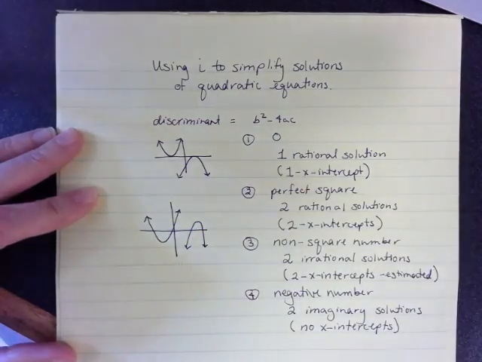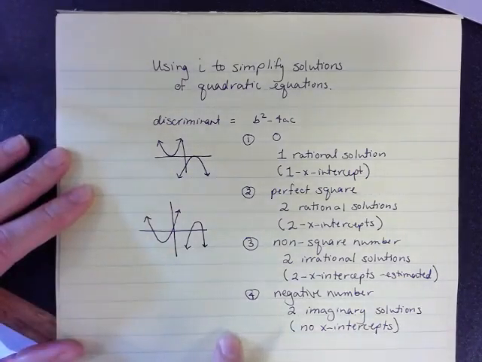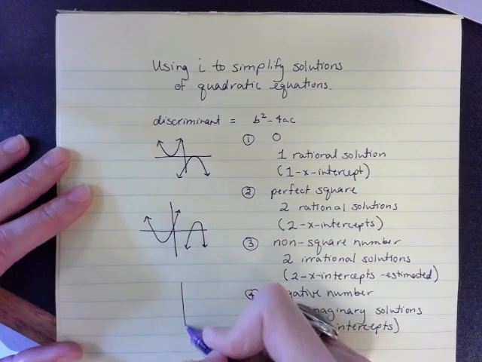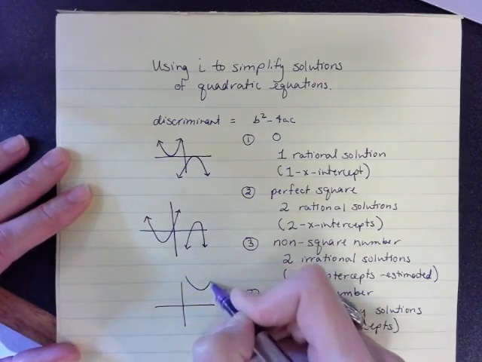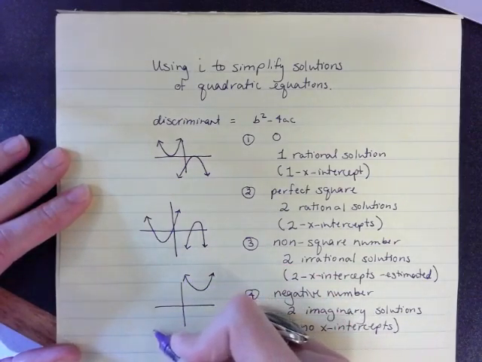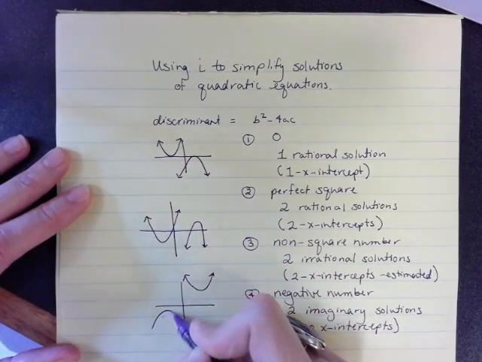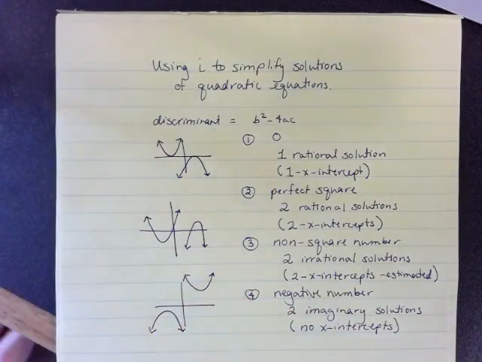And then last, if it is a negative number, then it's not going to go through the x-axis at all. It can be up here, it could be down here, it could be really close to the x-axis, but it doesn't cross it. So that's what it looks like graphically.